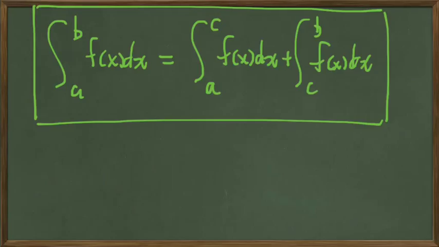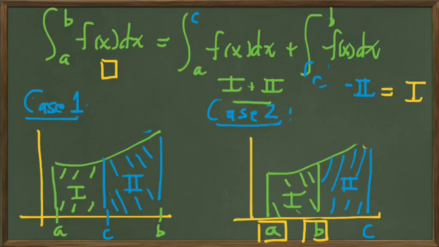Maybe we should write one more time the property that we've discovered here. And it is that we can combine two integrals together if the top limit of one and the bottom limit of the other match up. Then we can combine them as a single integral from the bottom of the first to the top of the second, and it does not matter whether that value c is between a and b or not, as we saw in the two cases.